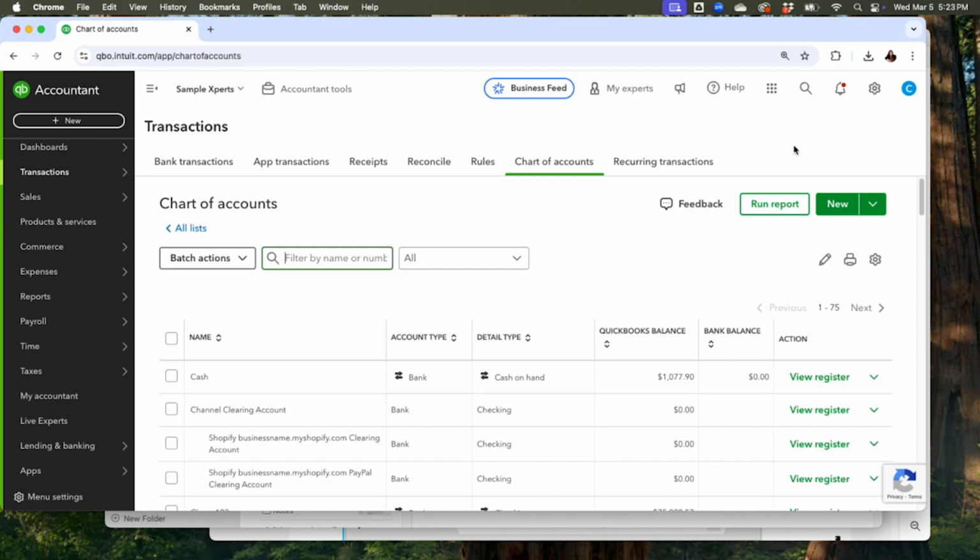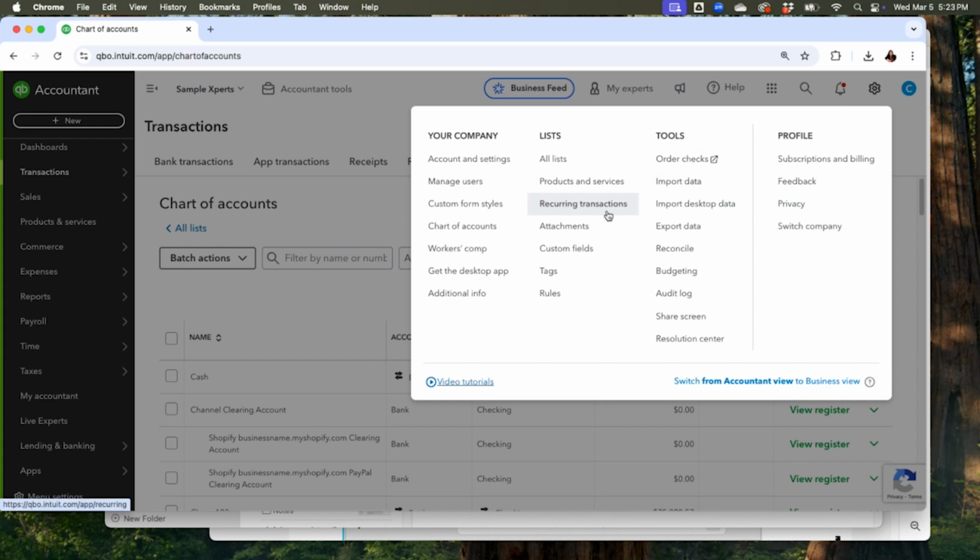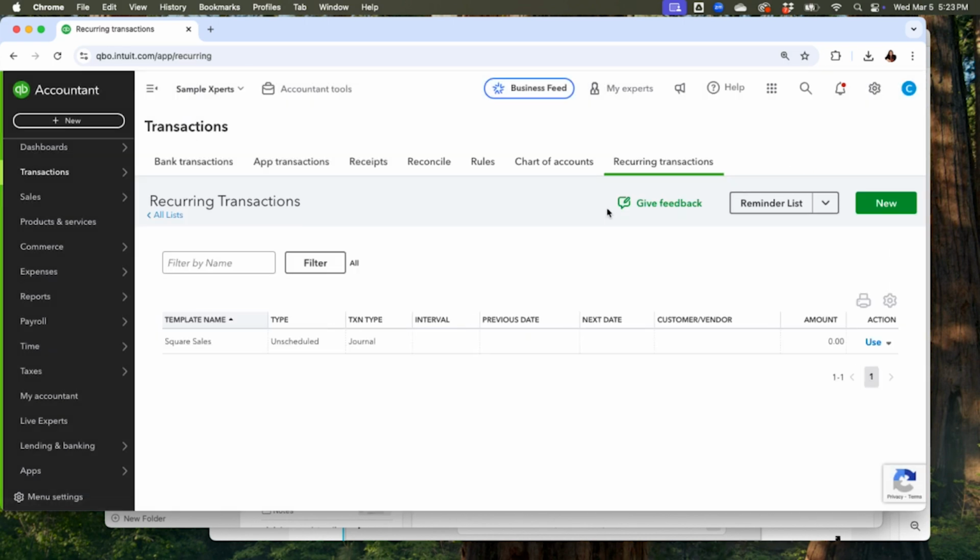Okay, so I am going to show you how to create a recurring journal entry for the monthly Square transactions. You want to click on the top right hand side gear menu, and you want to click on recurring transaction.